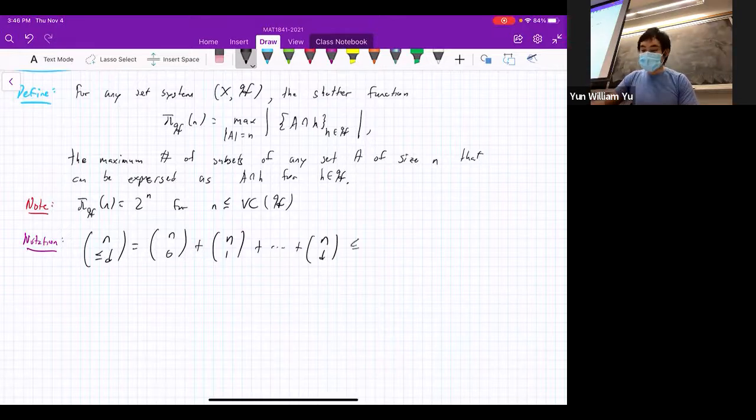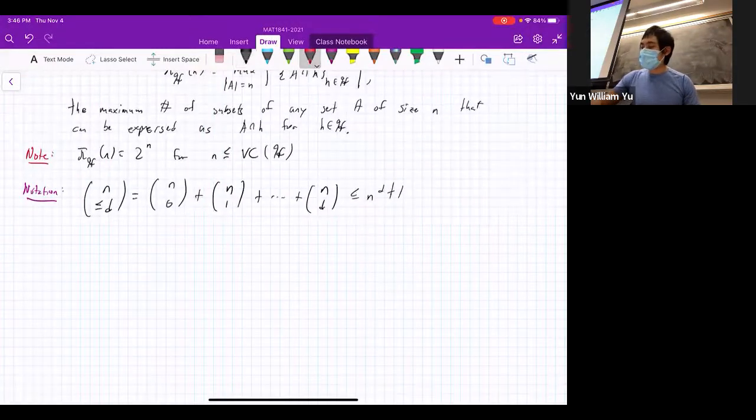And of course, this is less than or equal to n to the d plus 1, because with n choose less than or equal to d, you're choosing without duplication. And so n to the d plus 1 is going to get you n choosing n items d times with duplication. The d plus 1 is needed because you might have d equal to 0. But it's pretty obvious that this is also less than or equal to n to the d if d is greater than 1.